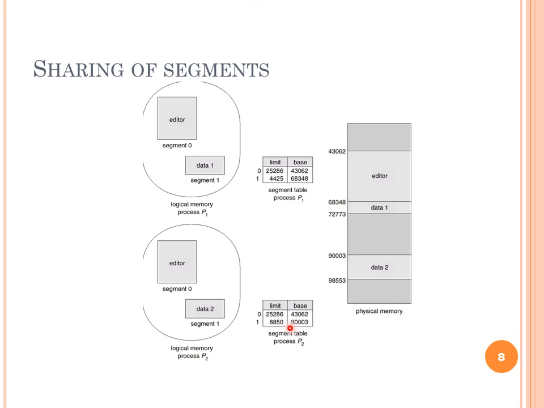When we add this value to the starting address, we get the ending address of segment 1 for process P2, that is 98,553. So this is how the common segment, the editor, is shared between processes P1 and P2, and these are the entries in the two segment tables corresponding to processes P1 and P2.